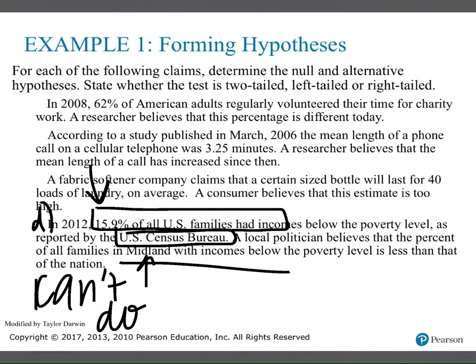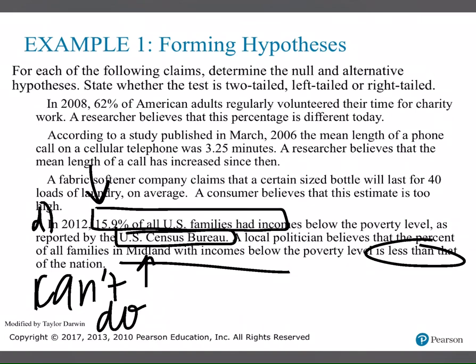But you can't question it if originally the parameter didn't say specifically Midland families. If a local politician believed that the percent of all families in the U.S. with incomes below the poverty level is less than that, then we could do a hypothesis test. But this is a little messed up because it's kind of going into waters that you can't go, basically.